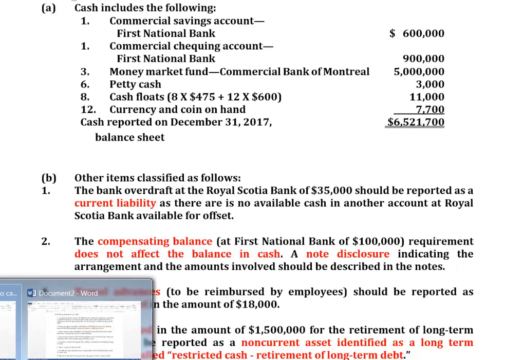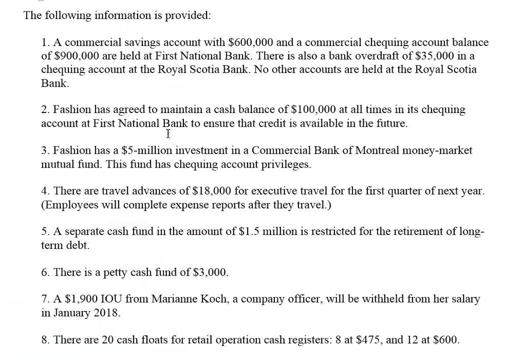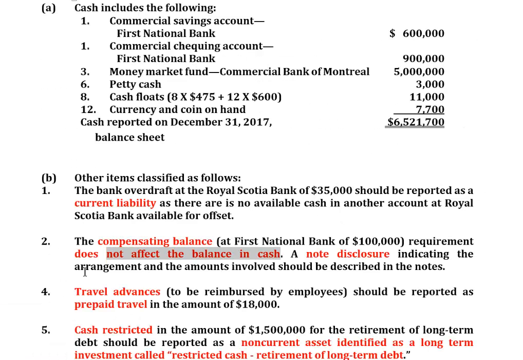So if you go back to the question, it says they need to maintain that $100,000 balance in their checking account. So their checking account is the one that has the $900,000. That $900,000 already has, as a subset of it, the $100,000 compensating balance. So it doesn't affect the cash balance any more than it already has because $100,000 is part of that $900,000.